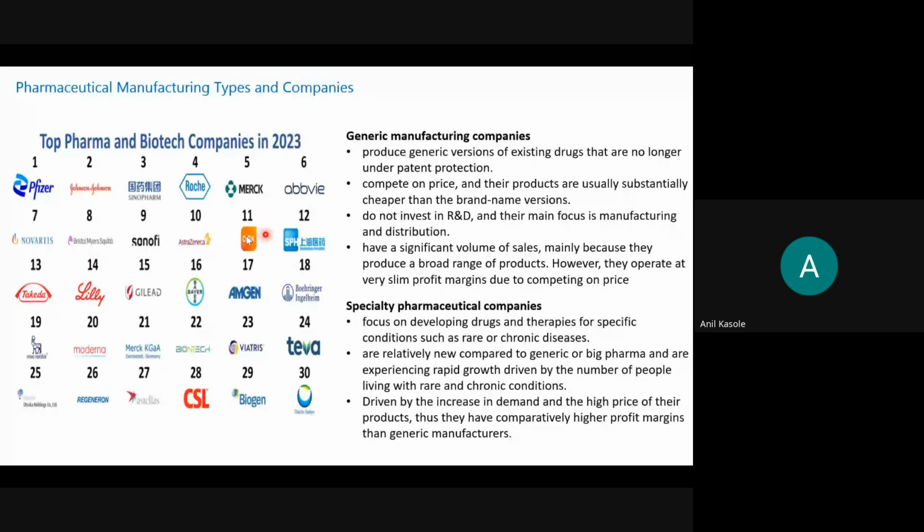These are the popular names: Novartis, BMS, Sanofi, AstraZeneca, GSK, and all these top 30 companies in the rank. They are all into generic manufacturing. They produce a very large number of products every year, and we all are the consumers of that.